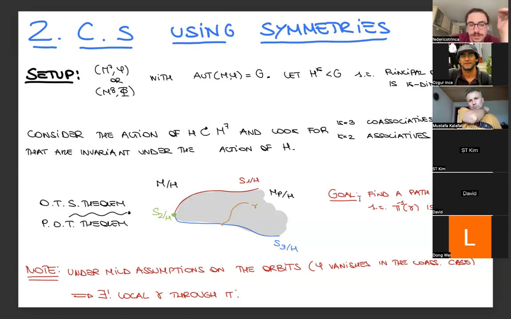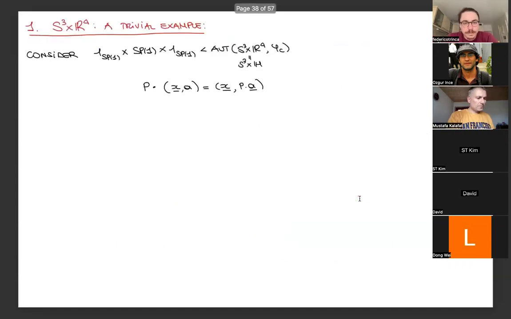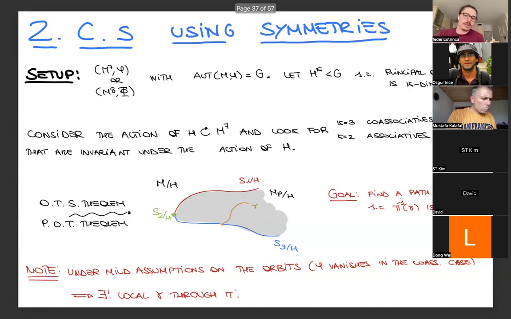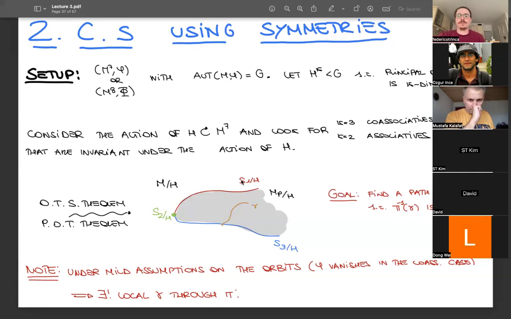This construction is implicit, it's just given to you by the theorem. But this is the idea. So any question on this general way of constructing calibrated submanifolds? I'm going to come back to this tomorrow as well.